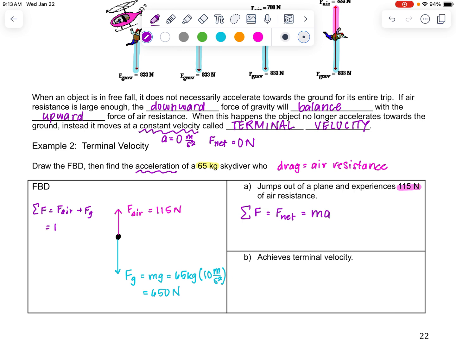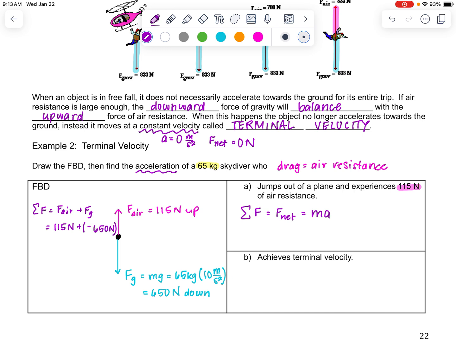F air is 115 newtons plus, remember, Fg is down. I should maybe write that. Here we go. Fg is down, and I know F air is up. So up is positive. That's 115. That means this is negative 650 newtons.